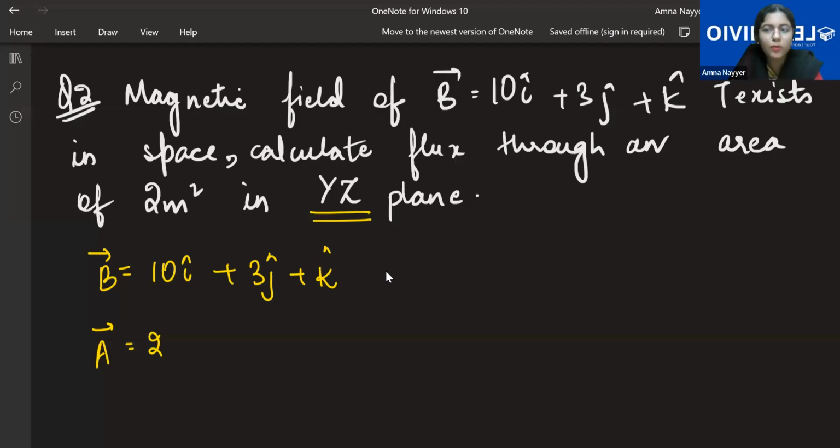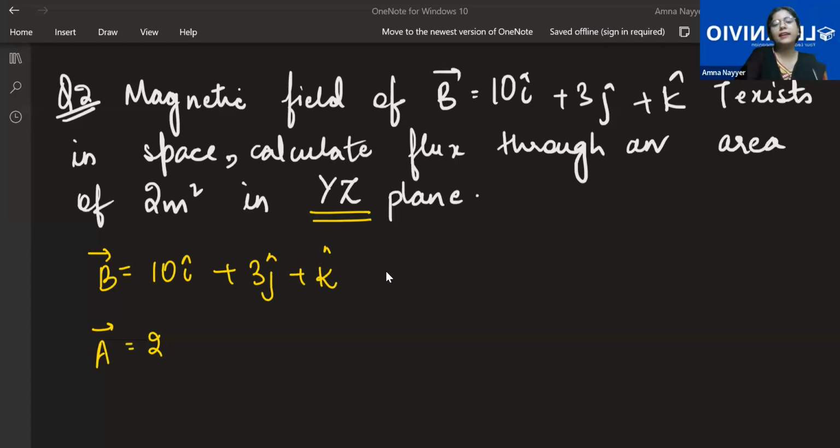Can anyone tell me what will be the area vector for YZ plane? For the YZ plane, which will be the perpendicular axis? No, Aisha. YZ is the plane.